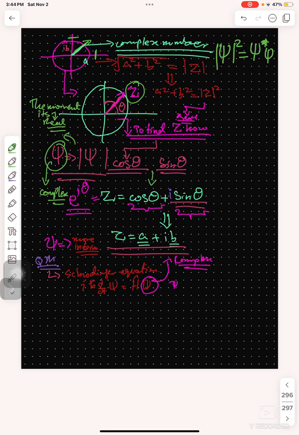Over here it's the same thing: the conjugate of z times z. This is the conjugate of psi, and it represents the probability of finding a particle in a certain region of space.